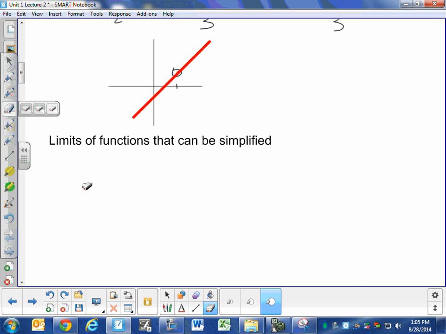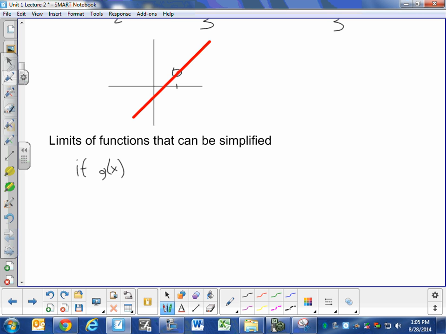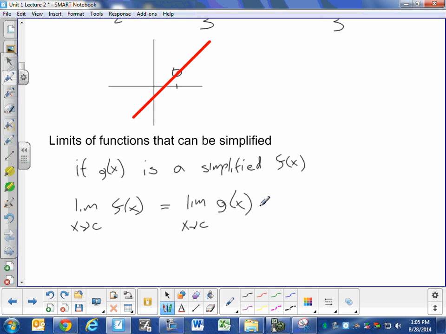If g of x is a simplified f of x, then the limit as x approaches c of f of x is going to be the same as the limit as x approaches c of g of x, and it's just going to be the function value g of c, because g will fill in all of the gaps and all of our missing information that we can't see if we just look at f.